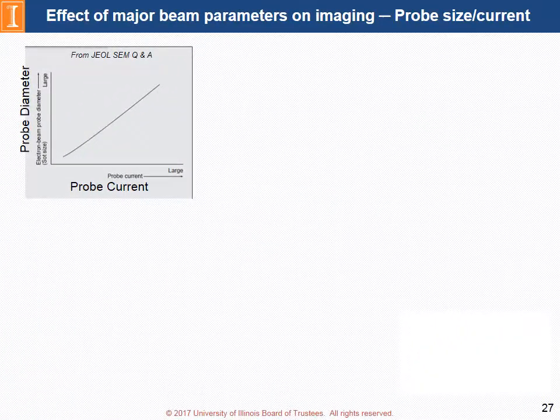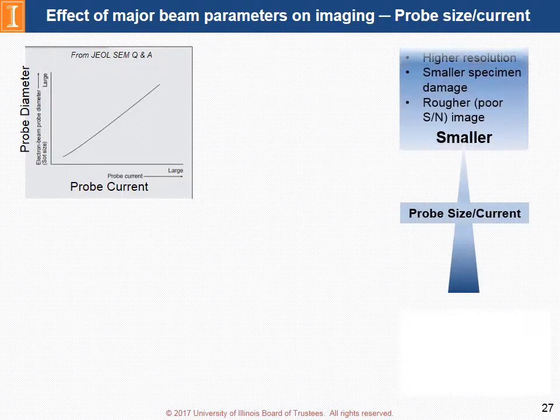Probe size and probe current. First, for the same electron source, the probe current increases monotonically with probe size. When the probe size or current gets smaller, we will get a higher resolution image owing to a smaller interaction volume.